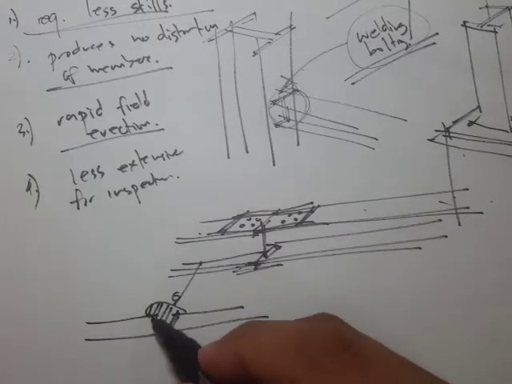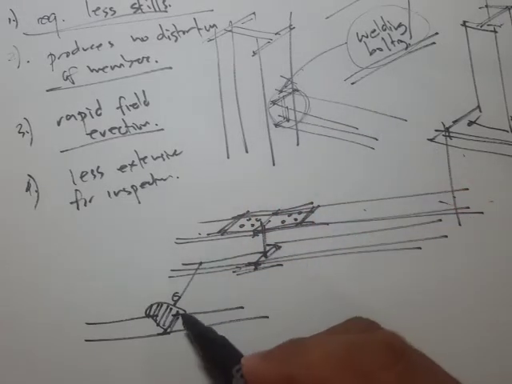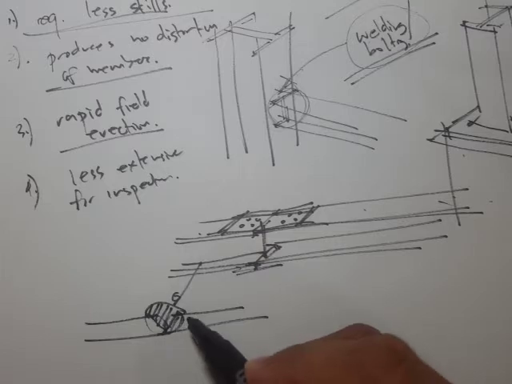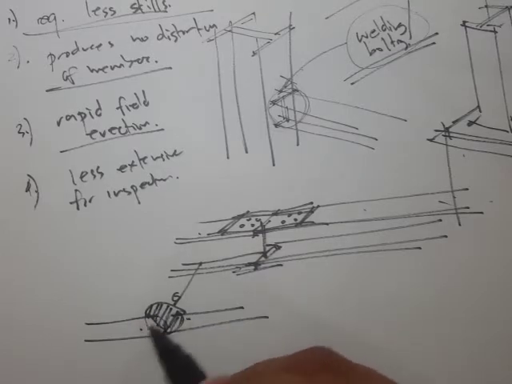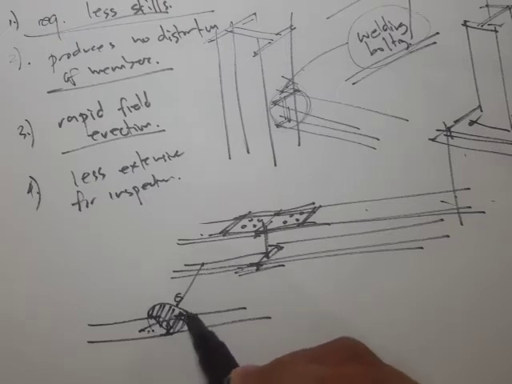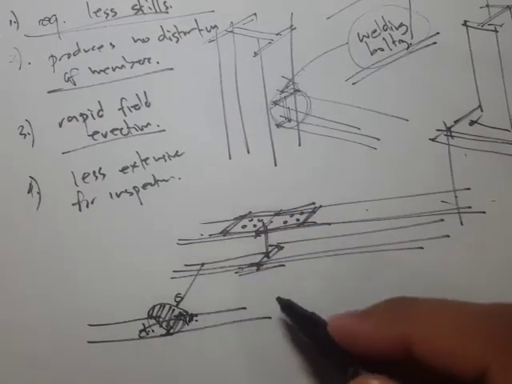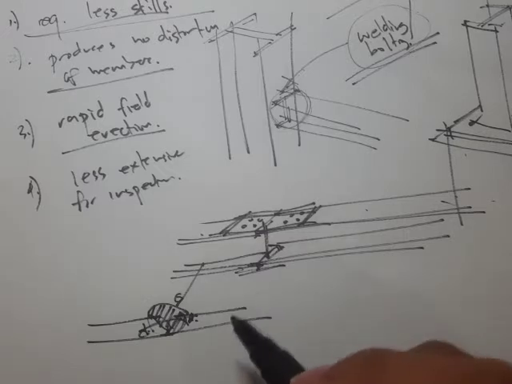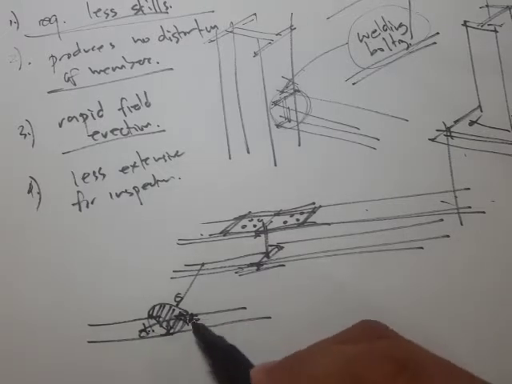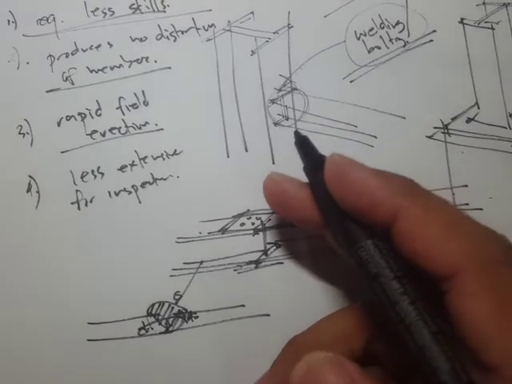Because in welding, you're fusing this base metal together with the other metal. So you're heating that up until they fuse together. So if there's not enough penetration, then this joint will just be weak, and it will just break apart.